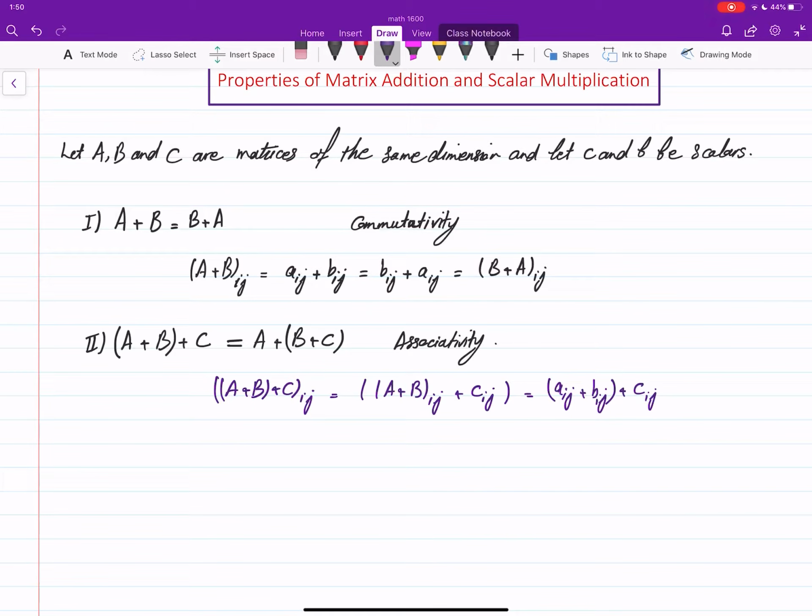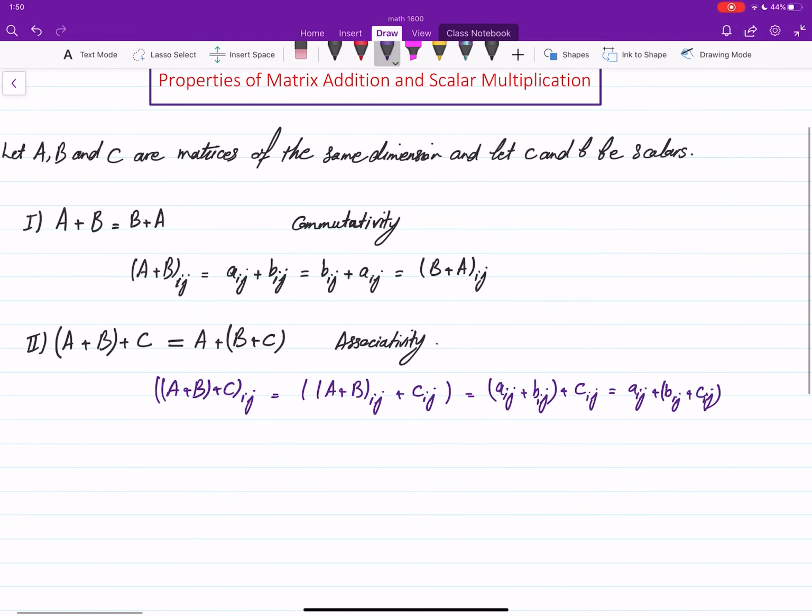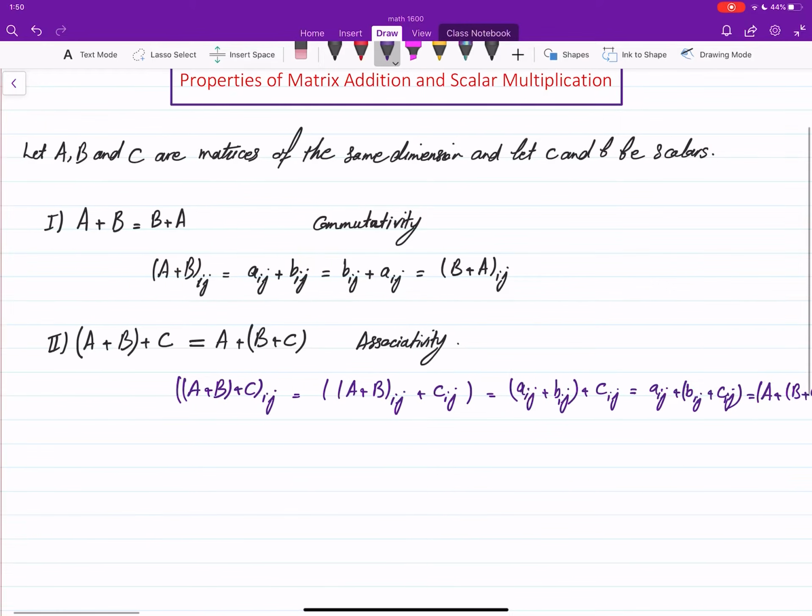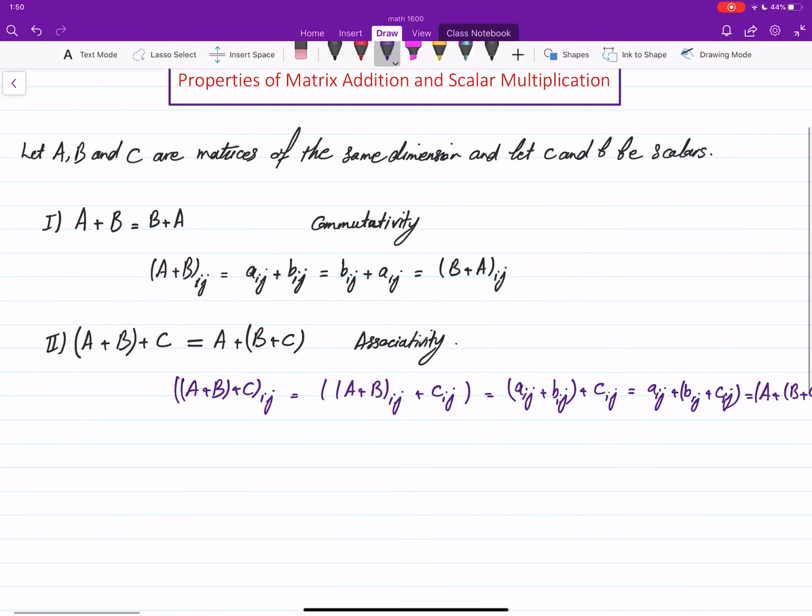But these are numbers. In numbers, associativity holds, and then we have aij plus bij plus cij, and this is the A plus B plus C entry ij. So each entry is going to be the same thing.